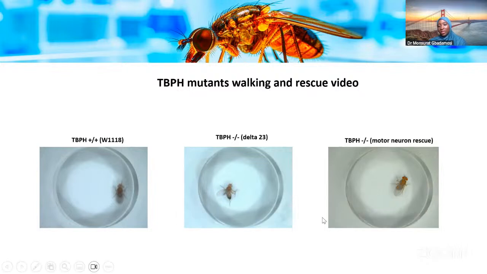And this is when you put human TDP43 back into that fly. You see? Can we see it is working? Yes. I just wanted to give a visual effect for this talk that I've been saying, that it rescued that.